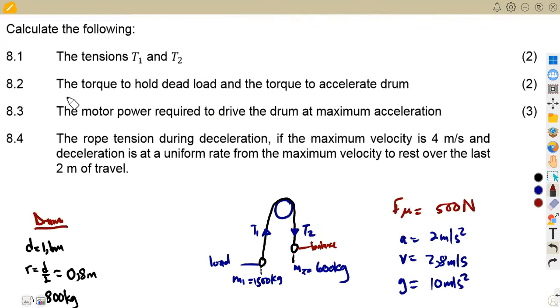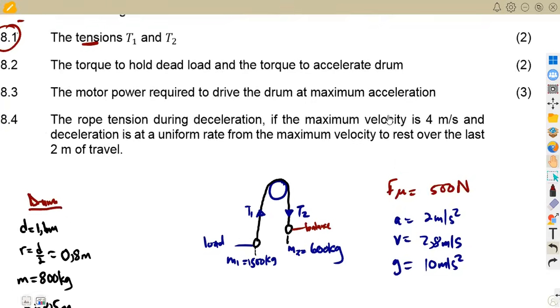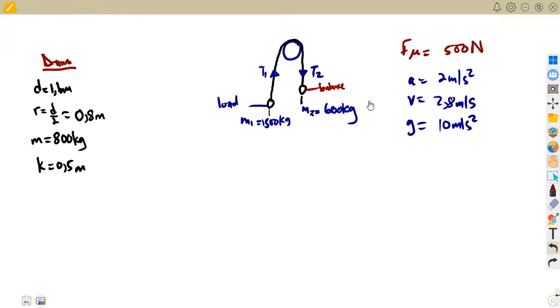The first part of the question was to calculate the following. 8.1, the tensions T1 and T2. Sometimes they do not ask these, they just ask a particular question, like calculate the total torque, but here they specify calculate the tensions T1 and T2. So T1 and T2 represent the tension going up and the one going down.